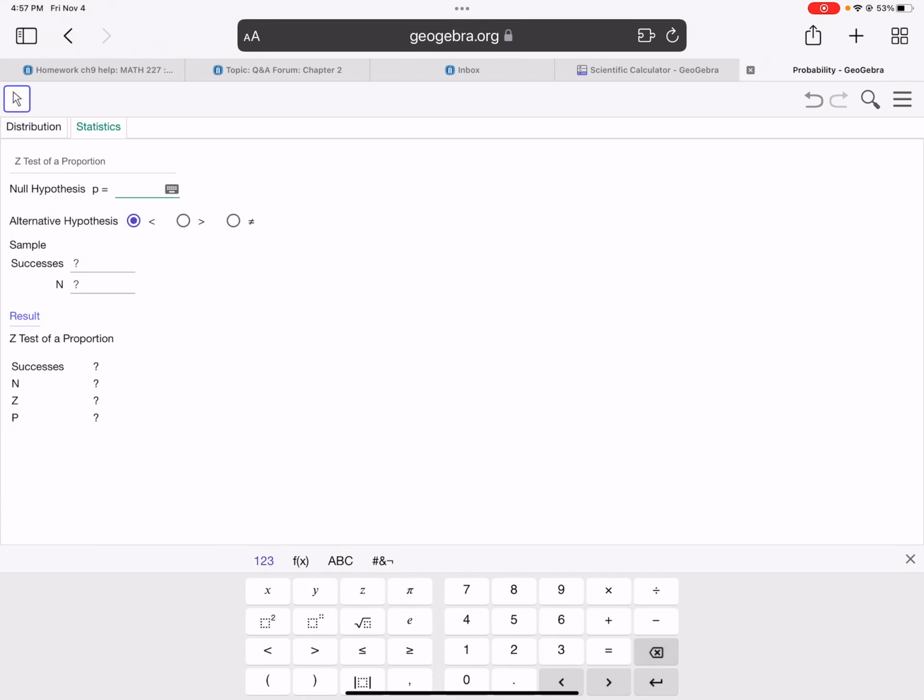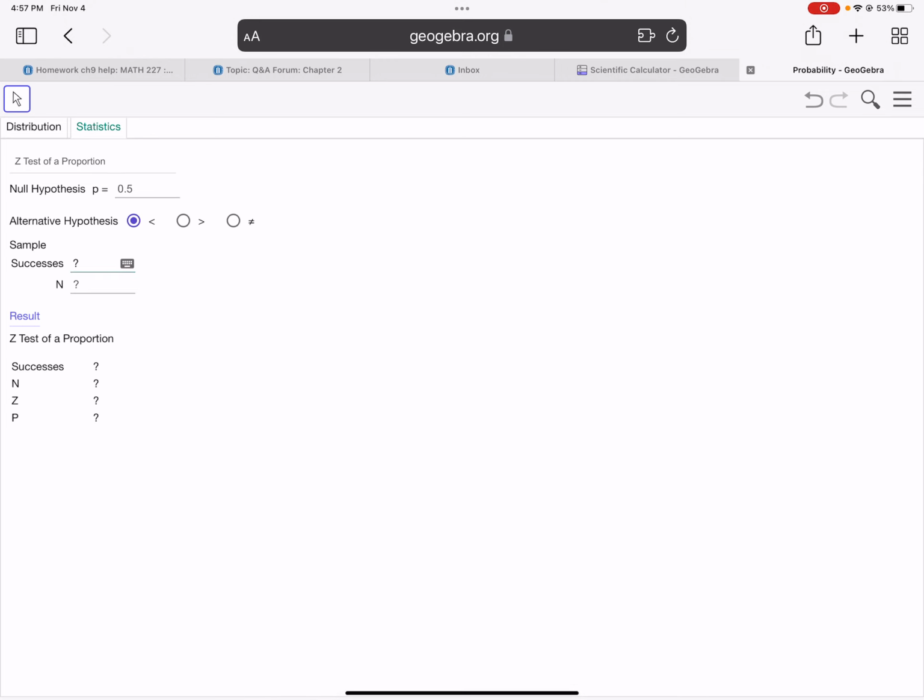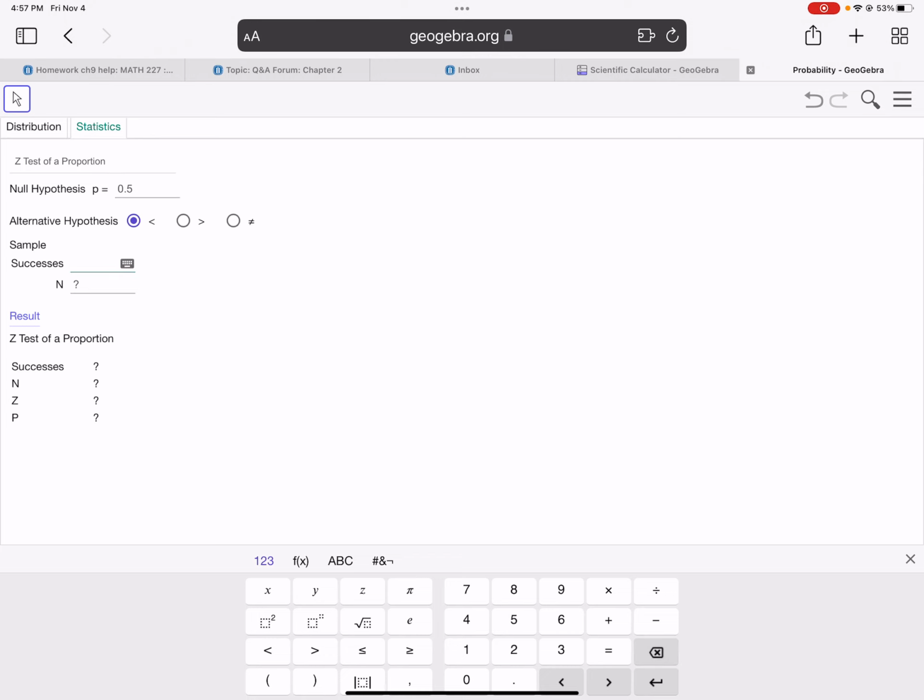For the null, it is 0.5, and we use the left tail, so it's less than. Now the success is what we are looking for, which is 170. The n is the sample size, 444. You can see the very last line is the p-value, which is 0 that we got. And the z, the line next to the last line, is -4.9356, and that is the test statistic.